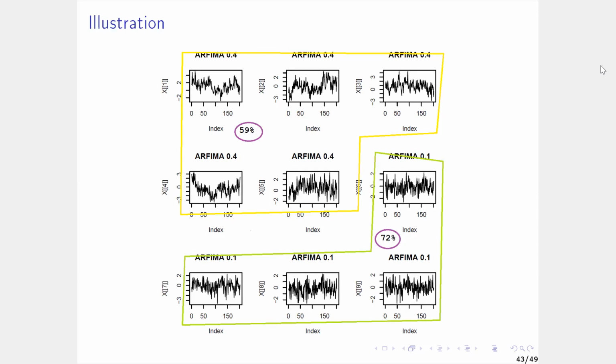Sometimes you can have a mix. But when the parameters are different, 0.4 and 0.1, you can distinguish the groups, and this is automatic. You have nothing to do, just choose the level of the test.